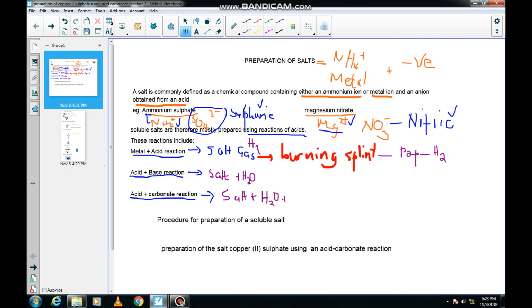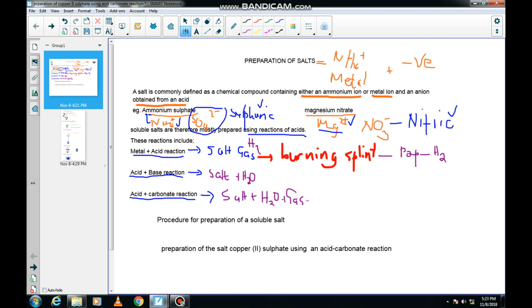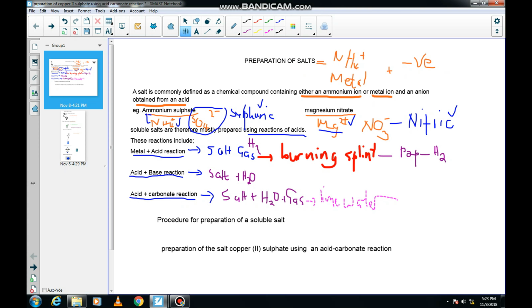plus a gas. And you learned that when the gas produced in the reaction of carbonates is tested by using lime water, this gas will change the lime water to a milky color, to a white color.